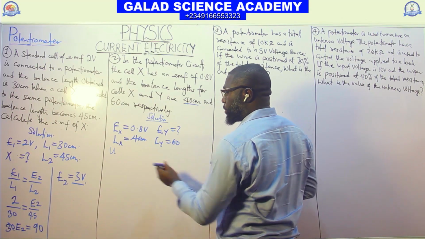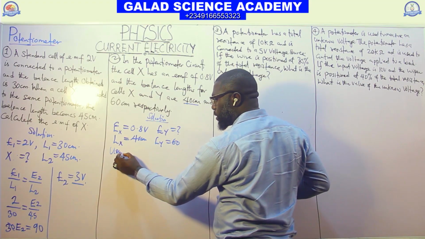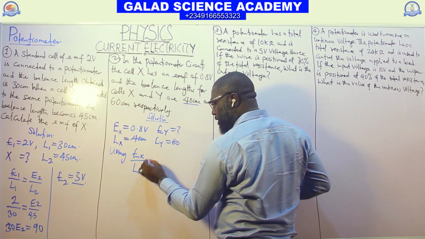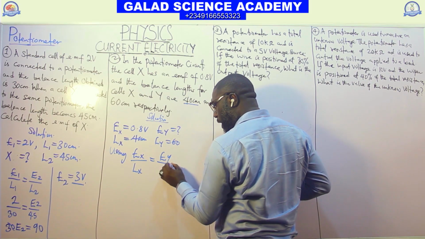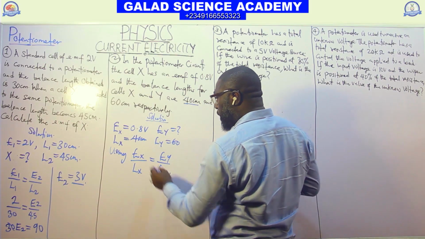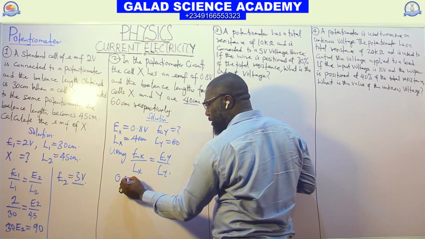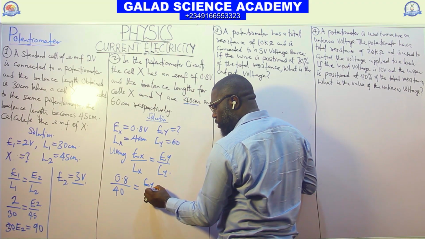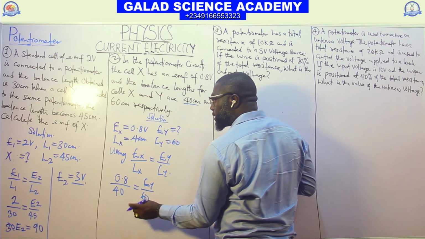Using the principle that EX over LX equals EY over LY. What is EX? It is 0.8. LX is 40. EY is unknown, and LY is 60.